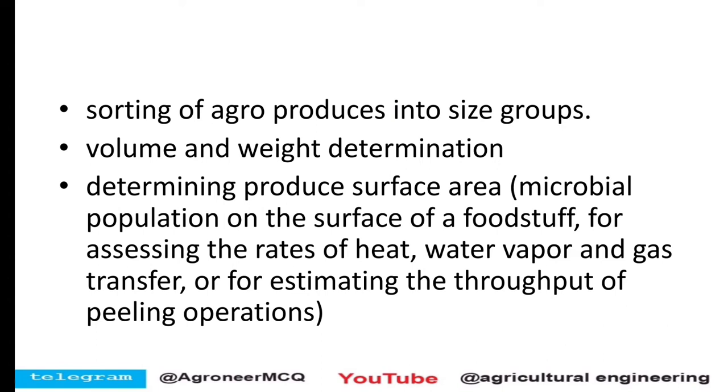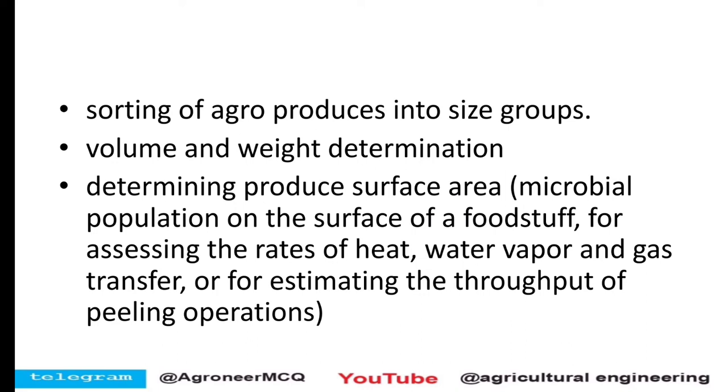And for determining volume and weight, we should know the size of grain. For determining produce surface area, if we have to find out how much storage area is required for a particular grain, then we should know the surface area.